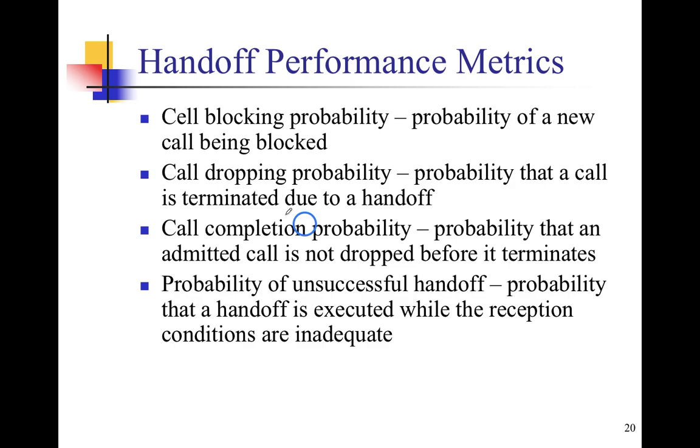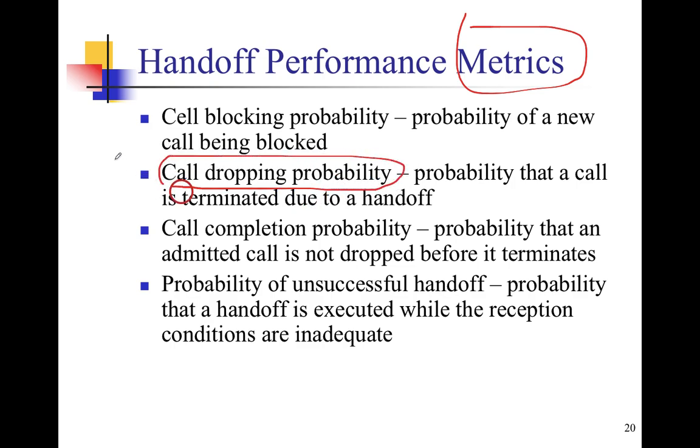Call dropping probability is the probability that a call is terminated due to the handoff. A metric is something that we want to measure. For example, what is the call dropping probability?